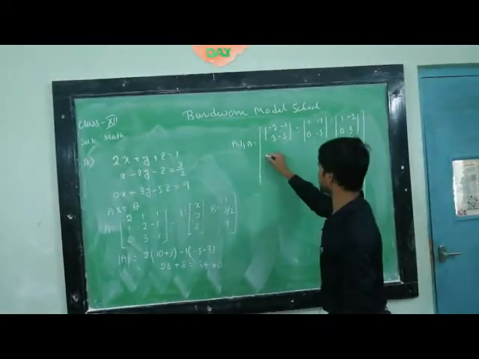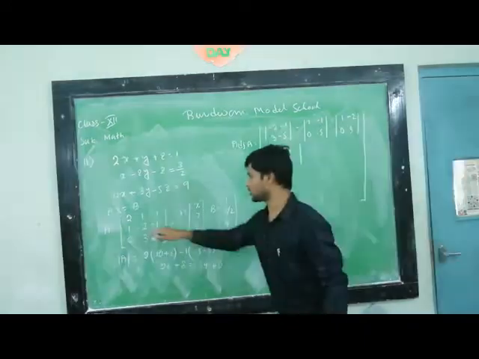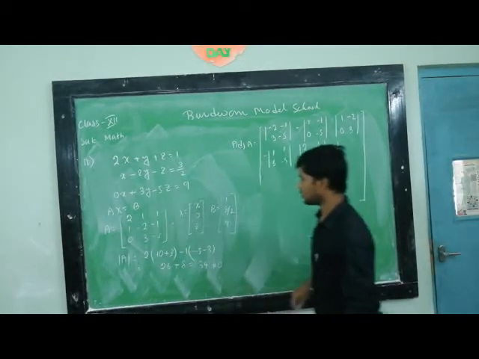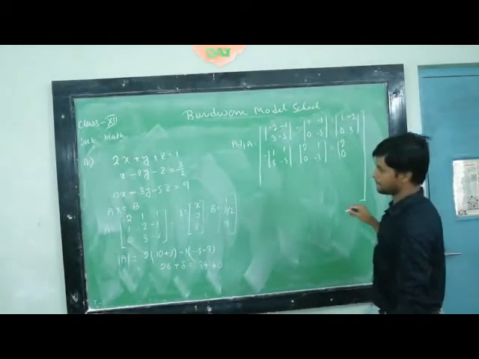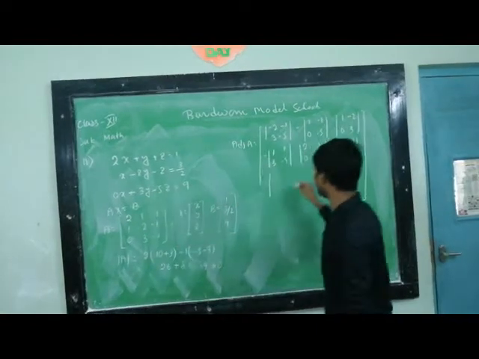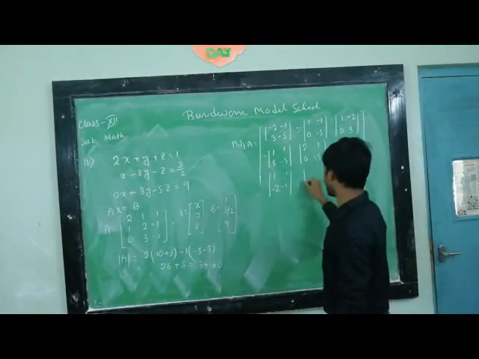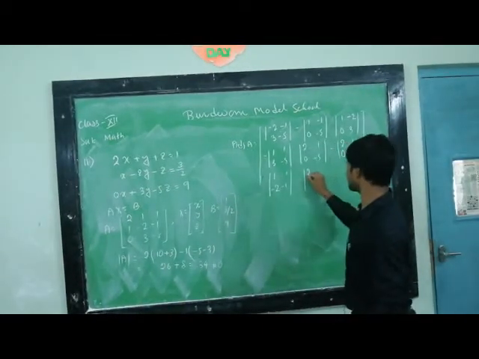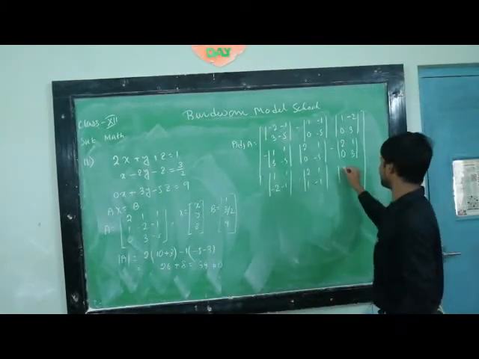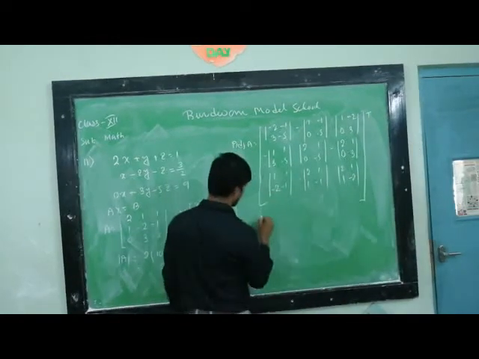Corresponding to the next row: minus determinant of (1, 3, 1, -5), determinant of (2, 1, 0, -5), minus determinant of (2, 1, 0, 3). Then corresponding to the third row: determinant of (1, -2, 1, -1), minus determinant of (2, 1, 1, -1), and determinant of (2, 1, 1, -2). Whole transpose.